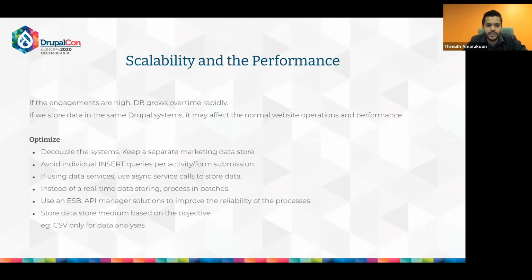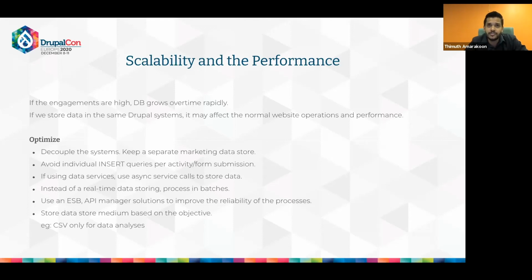And to optimize, you can decouple the systems and keep your marketing data store separate from your Drupal core DB. And maybe you can think about feeding the data from forms to these databases. I think we don't do that, but if you are using insert queries per activity, that might slow down your user experience, because it has to feed the data into the DB and come back.